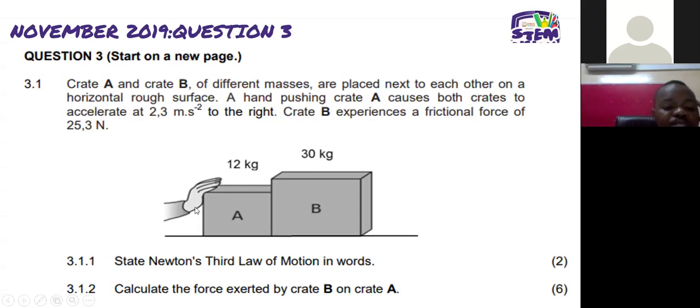In other words, B was pushing A to the left. So A felt a force, and we call it the force of B on A. And they told us these crates are placed next to each other on a horizontal rough surface. It means A is also experiencing a force of friction. Now, how can I get the force that B exerts on A?